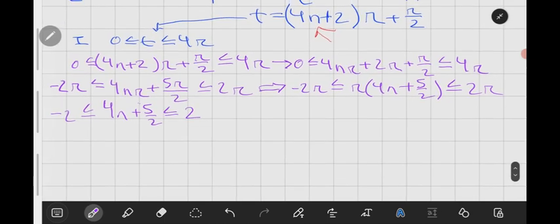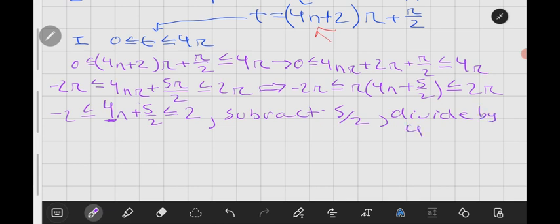Okay? And finally, if we first subtract 5 over 2 from our inequality and divide by 4, we find that the final inequality becomes -9 over 8 less than or equal to n less than or equal to -3 over 8.